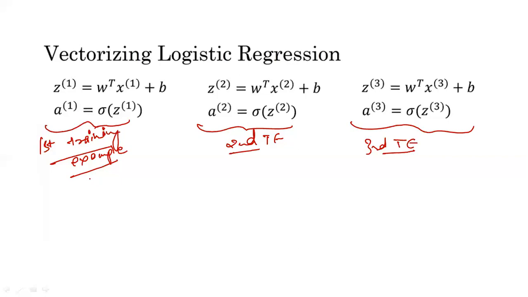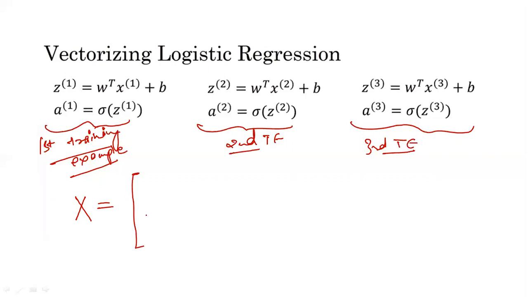So I'll write all the notations and whatever I have said till now. Now I'll represent the input feature vector x by capital X. Okay, I'll write these notations in bold so that these notations are very much clear to you.